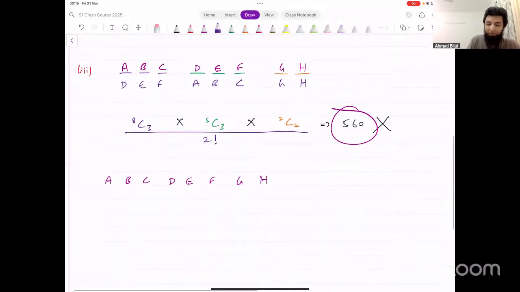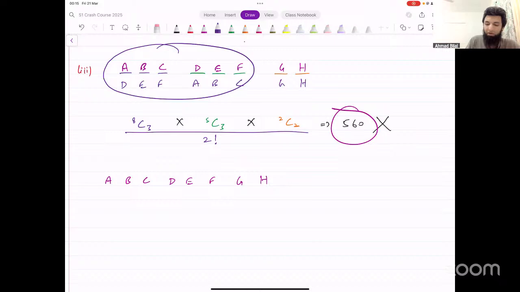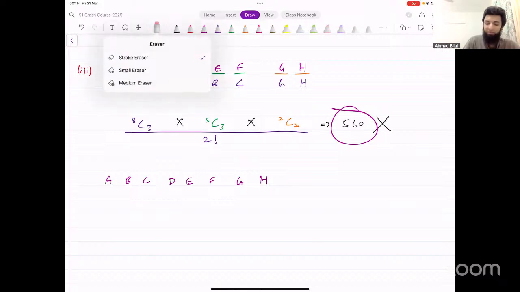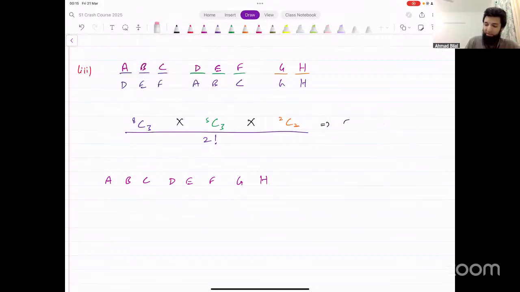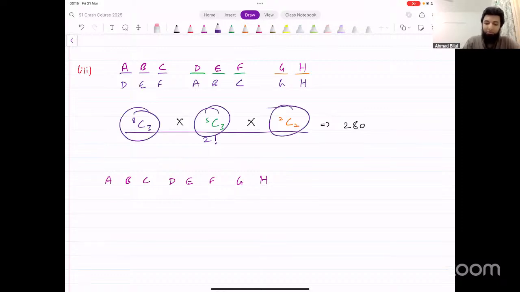That's the number of arrangements for these two groups. We divide this by 2 factorial, and this actually should turn out to be 280, not 560. So when we're doing this grouping, 8C3 into 5C3 into 2C2, what's happening is it's saying this is one possible grouping.